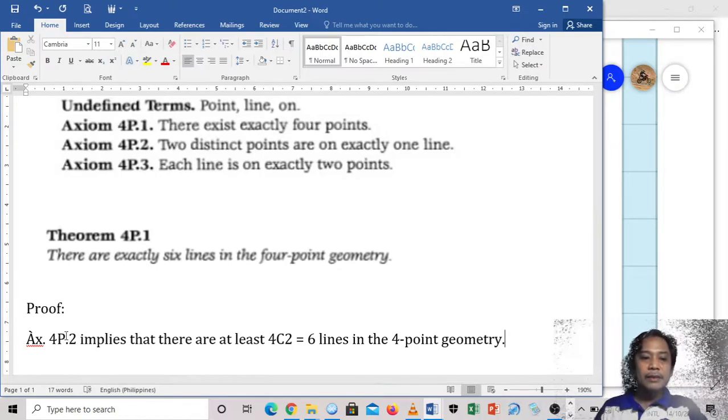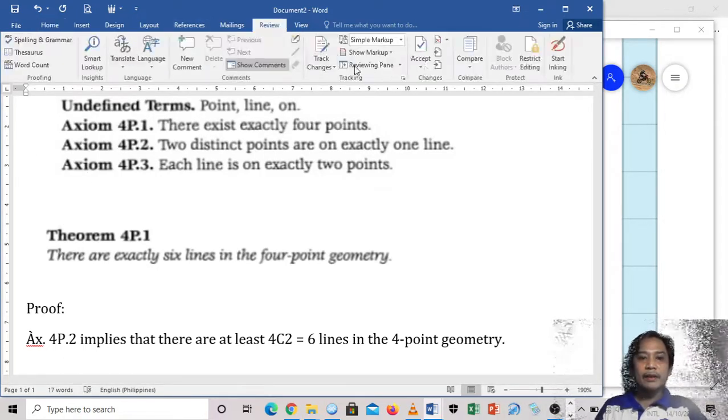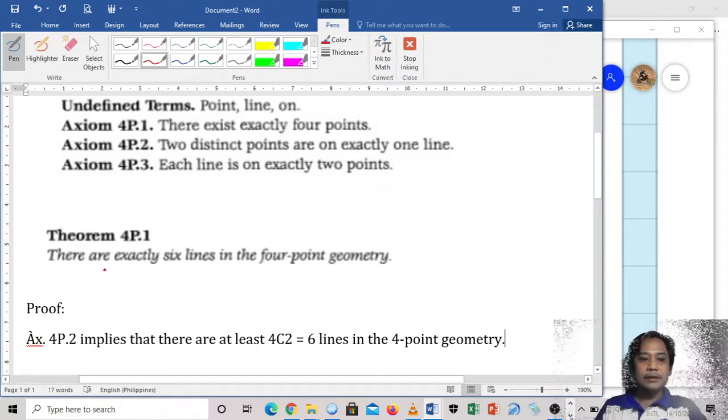But then the theorem, again, take note, asserts exactly 6 lines, meaning the lines should be at least and at most 6 at the same time.